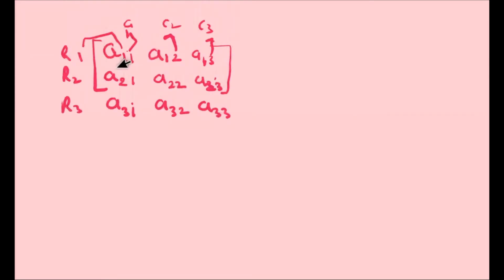So A11, A12, A13, A21, A22, A23, A31, A32, A33. This number tells the position where the member is placed in the matrix. Okay, student.